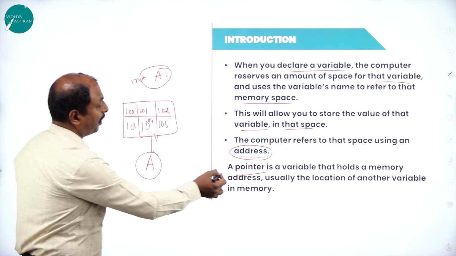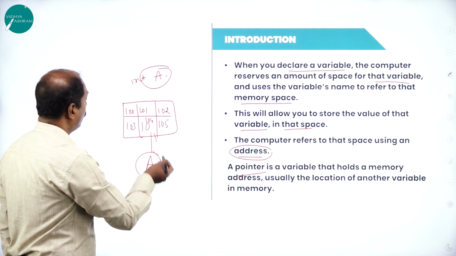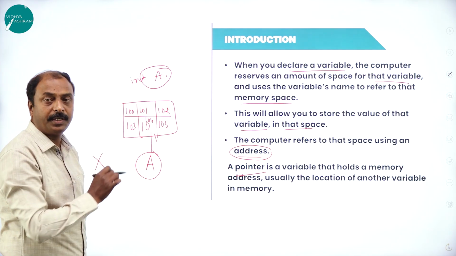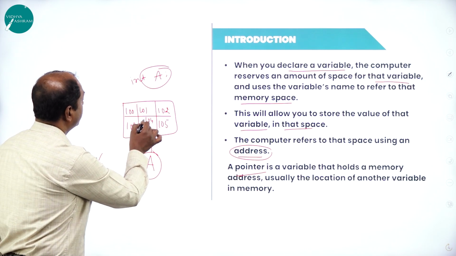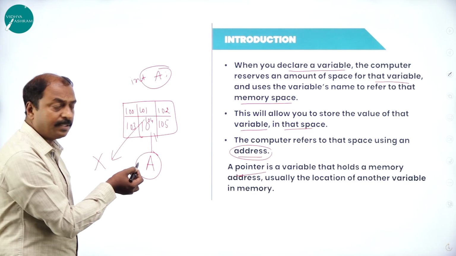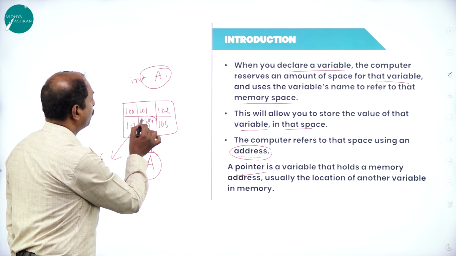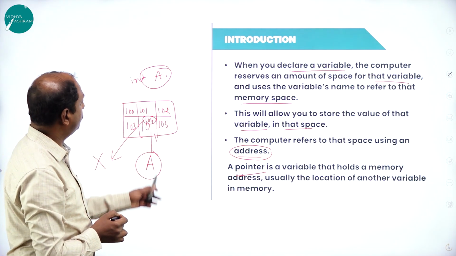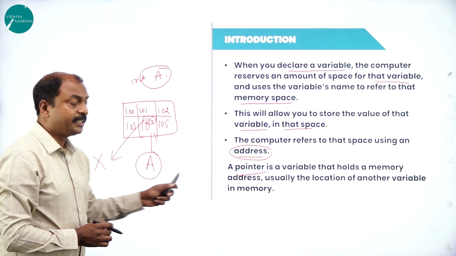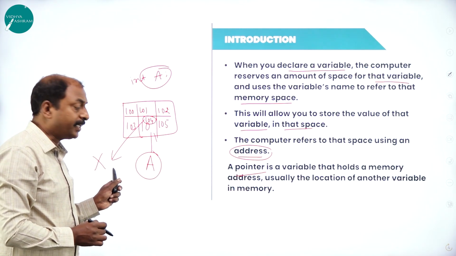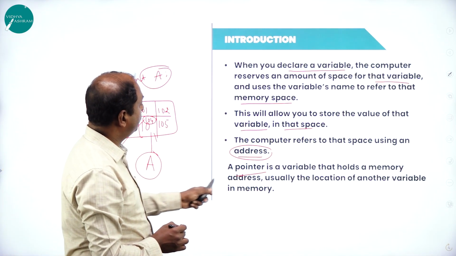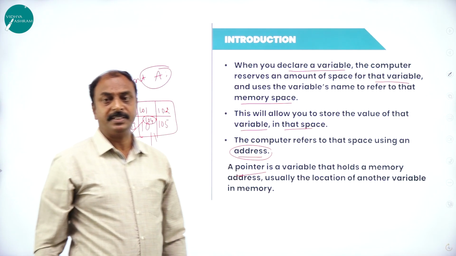So this pointer is a variable. We have one more pointer, for example x. If it is a pointer variable, it stores the address of the particular space. In this example, we can assume that 104 is the address of this particular variable A. So a pointer variable stores the address of another variable in memory. So this is the concept of pointers.